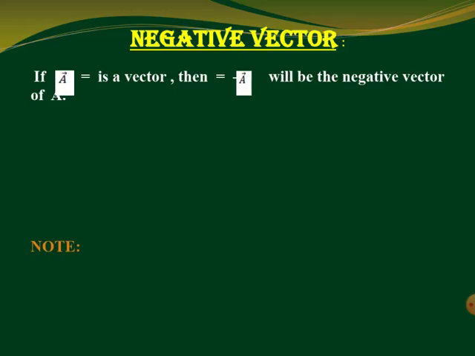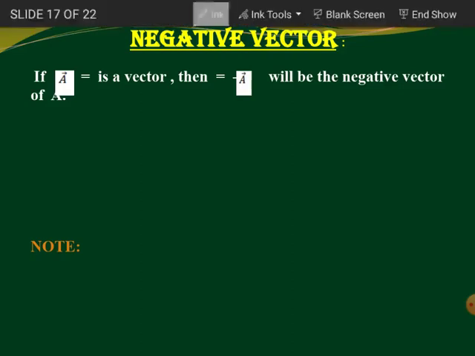Now let's see about negative vectors. A vector is said to be a negative vector for a given vector if its magnitude is the same as the given vector but its direction is opposite to the given vector. Suppose a vector is given like this.